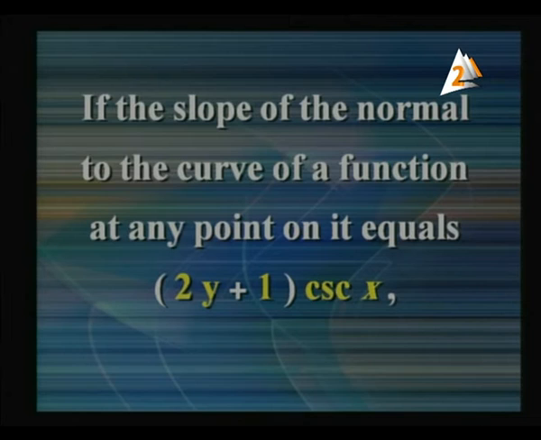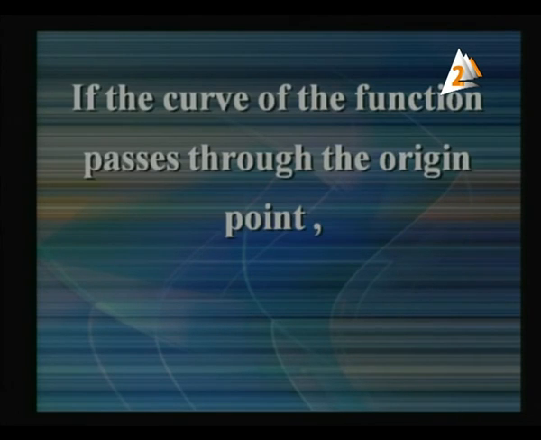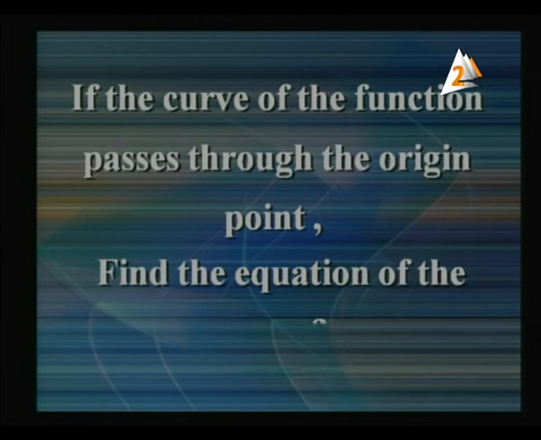Look at another example. If the slope of the normal of the curve of the function at any point on it equals (2y plus 1) multiplied by cosec x, and if the curve of the function passes through the origin point, what is the origin point? (0, 0). Find the equation of the curve.